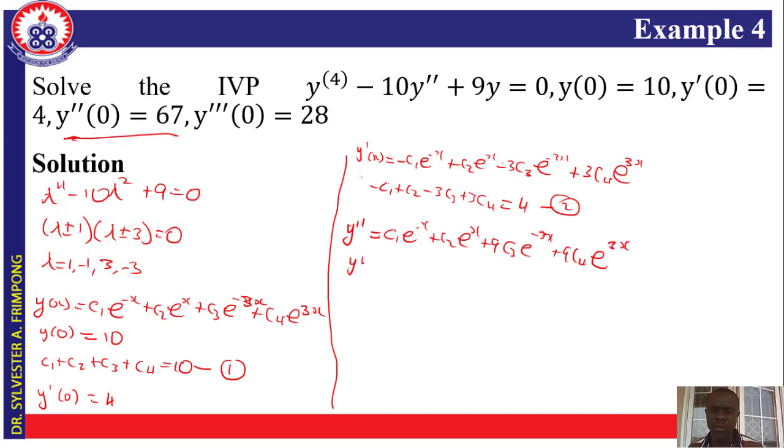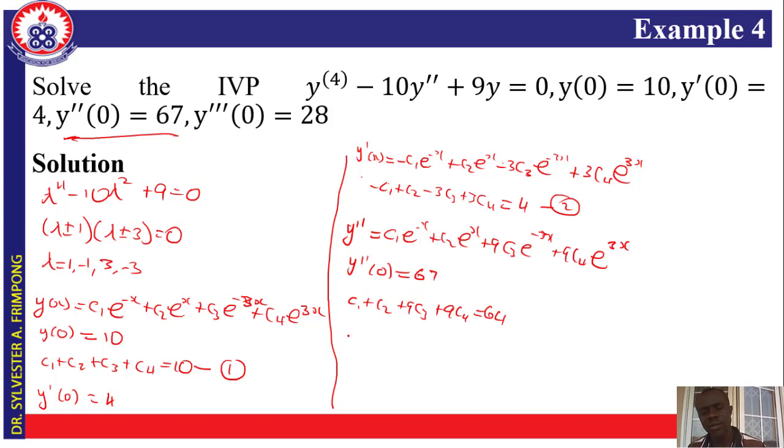When you put in the initial condition y double prime of 0 equal to 67, we can say that c1 plus c2 plus 9c3 plus 9c4 equal to 67.